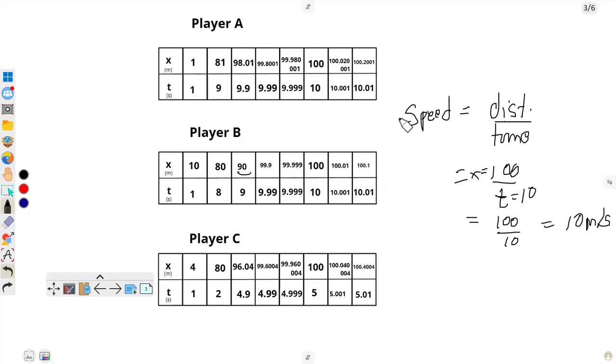Let us see what is the speed. The speed is actually the average speed during the whole journey. Are we supposed to find average speed? No, we are not. We're supposed to find the instantaneous speed, the speed that player A has when it just reached the finish line.